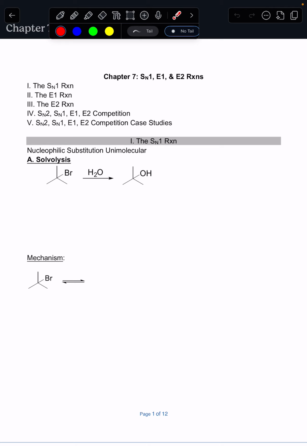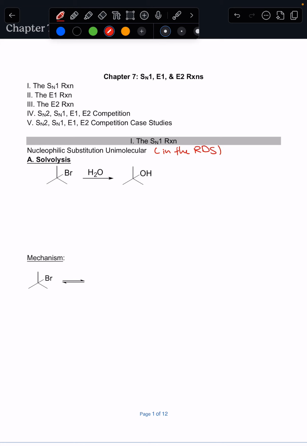That's not to say that there are 2 molecules involved in the reaction; there are 2 molecules involved in the rate determining step. So when we say nucleophilic substitution unimolecular for the SN1 reaction, the 1 refers to how there's only one molecule in the rate determining step.